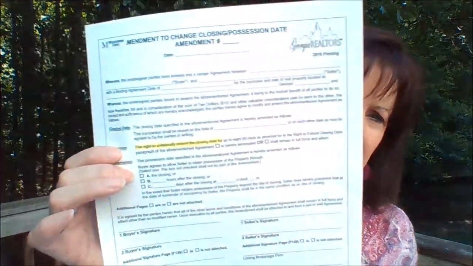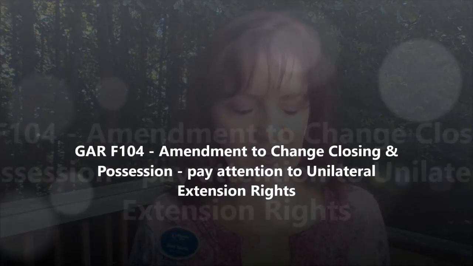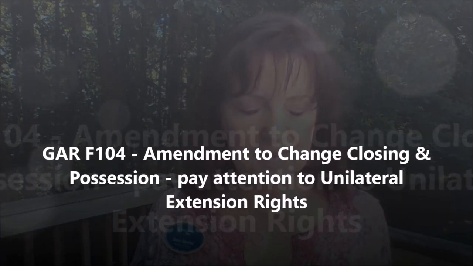In this form, it does have an option where the buyer and the seller indicate the right to unilaterally extend the closing for up to 8 days as provided for in the right to extend closing paragraph, which we just read, is hereby terminated or shall remain in effect. So if the parties are extending using an amendment, make sure to address that issue in the amendment.